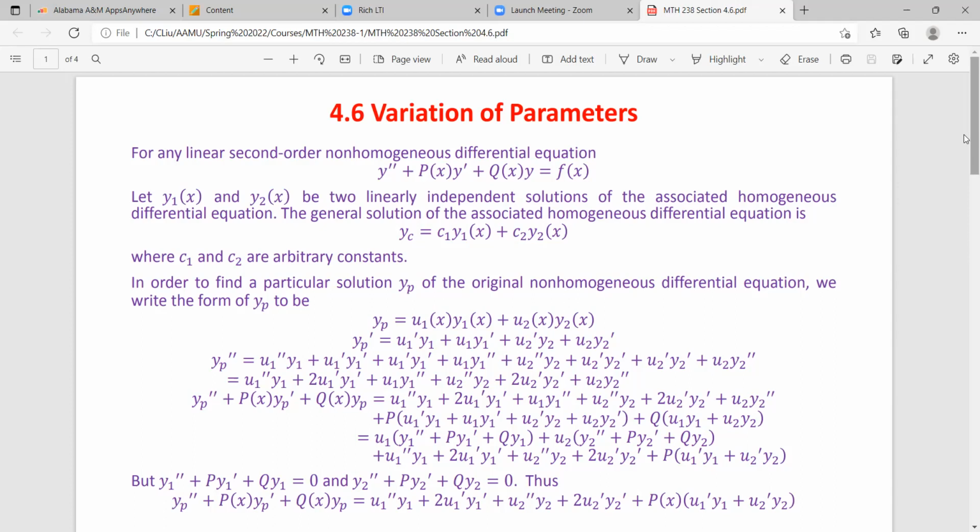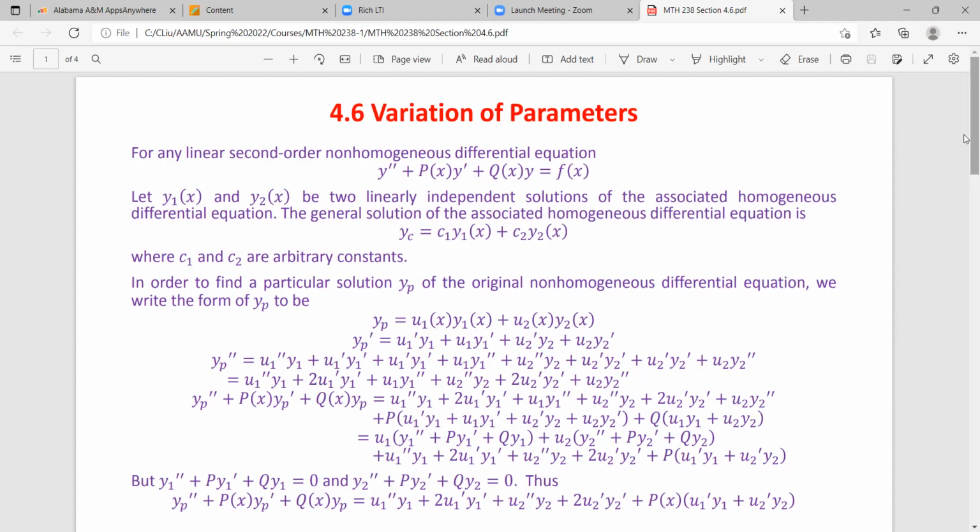And then we need to take the second derivative of this particular solution yp. So what we do, we just take the derivative of yp prime, okay? So yp prime has 4 terms. Each term is a product of 2 functions.